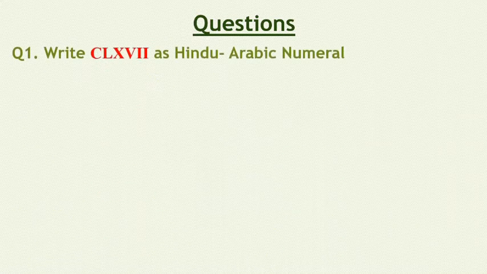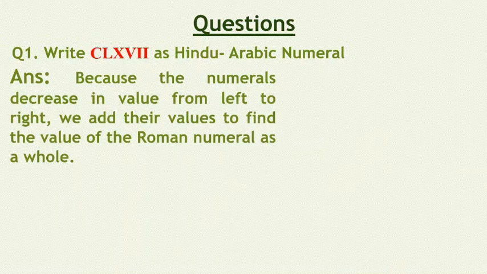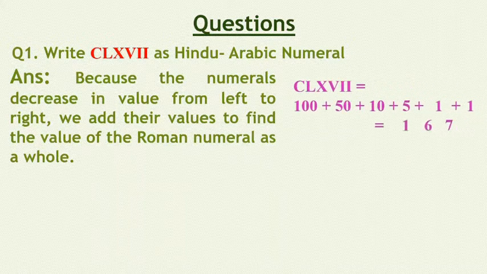Now we are going to learn the 2 most likely questions which are going to come in your exams. Question number 1. Write CLXVII as a Hindu-Arabic numeral. Answer. Because the numerals decrease in value from left to right, we add their values to find the value of the Roman numeral as a whole.